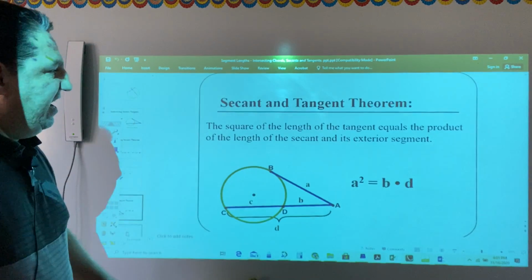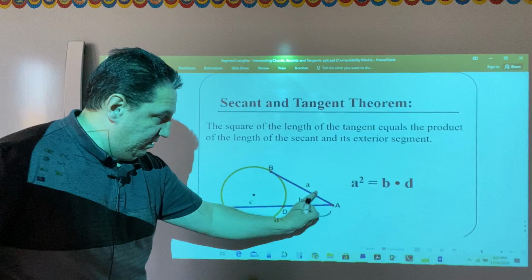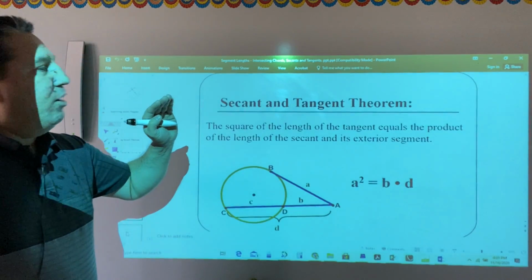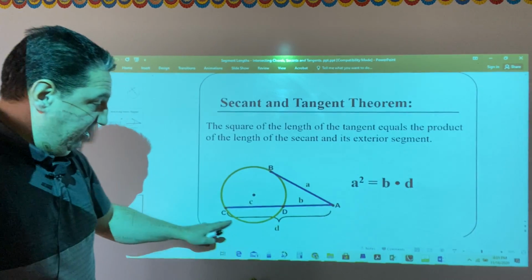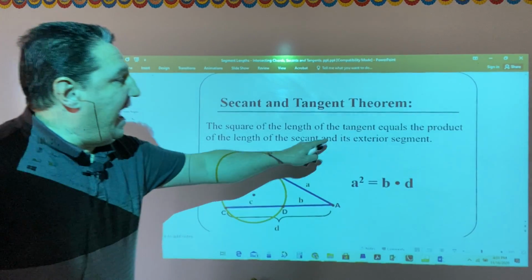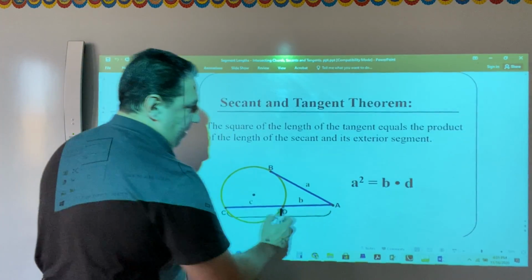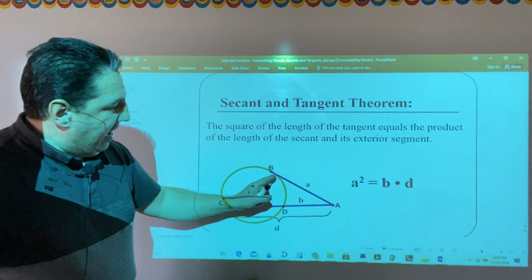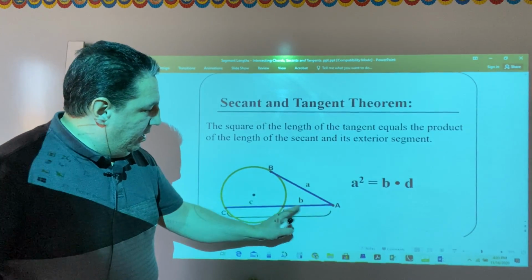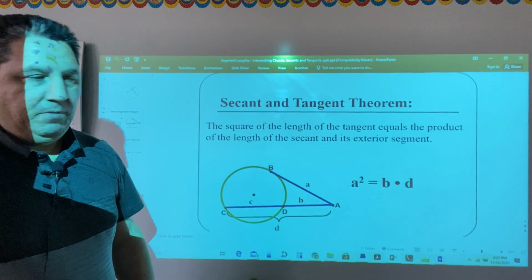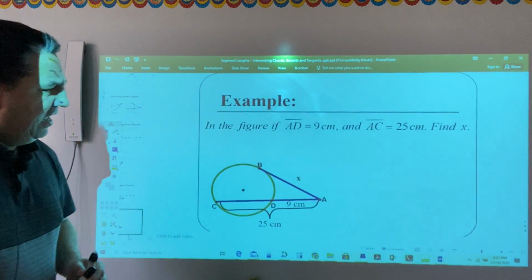When we have such a case, the square of the length of the tangent equals the product of the length of the secant, which is D, and its exterior segment, which is B. So we can say A squared equals B times D. Good. Now, let's have an example.